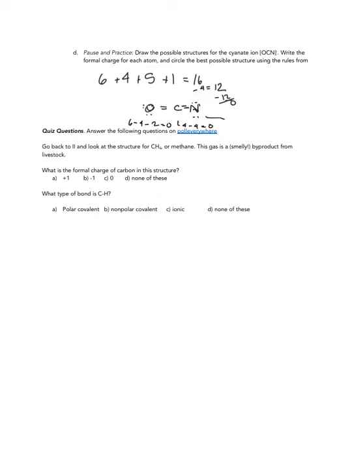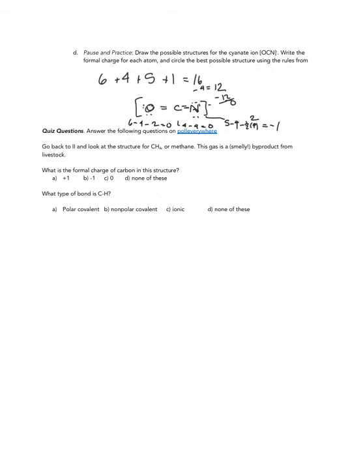And then finally for nitrogen, we start off with 5 valence electrons minus 4 electrons in lone pairs minus 1/2 times 4, or 2 electrons in bonds, gives us a charge of -1. Alrighty, so if we add up these charges, we have 2 neutral atoms. Only one has a charge. And so we check out there.